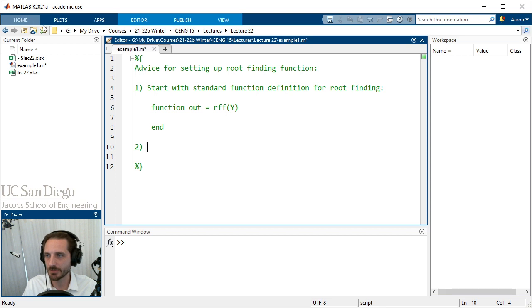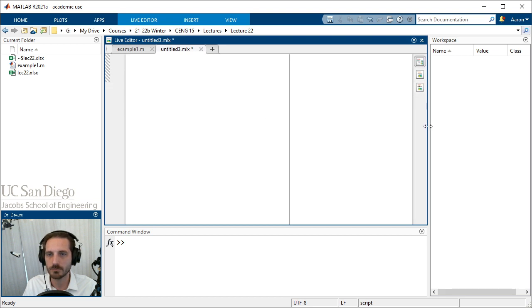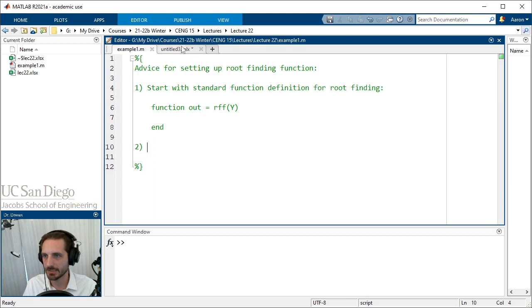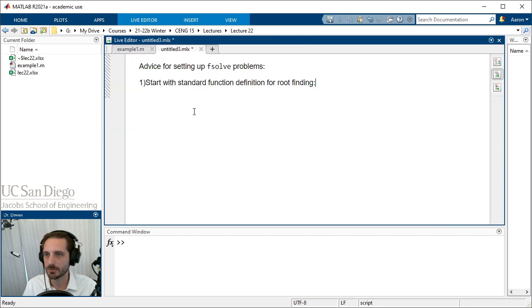Let's make this a live script because then we can actually put some example code inside of here. So advice for setting up Fsolve problems. So the first step, which I had said back here, start with the standard function definition for root finding.